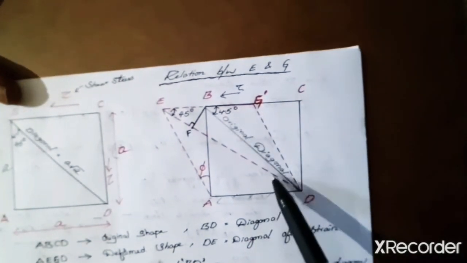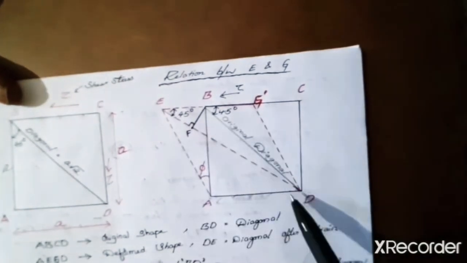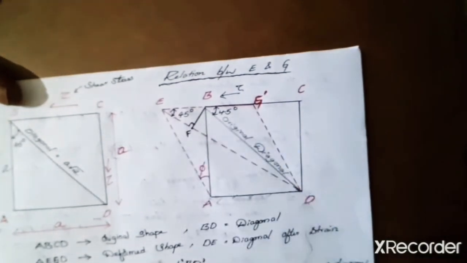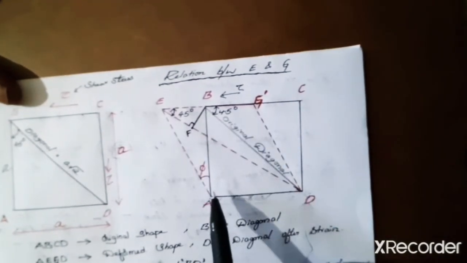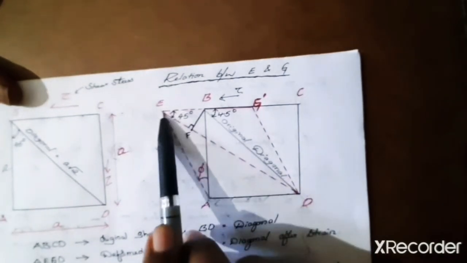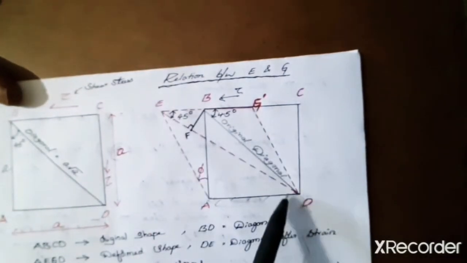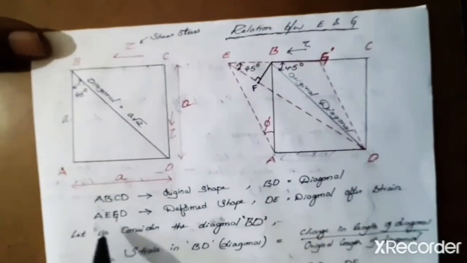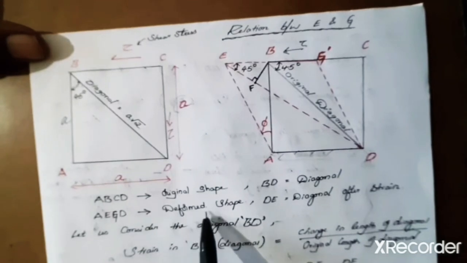The red dotted lines denote the deformed shape of that body. So now the deformed body is AEGD. As you can see, ABCD is the original shape and AEGD is the deformed shape.